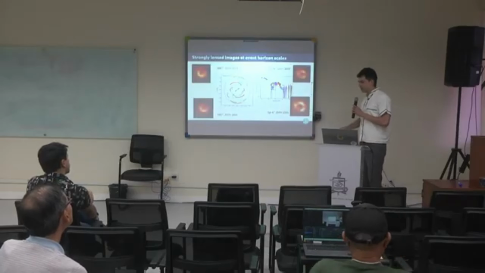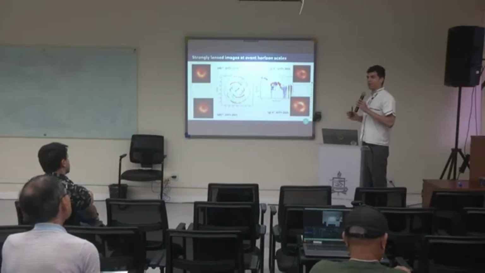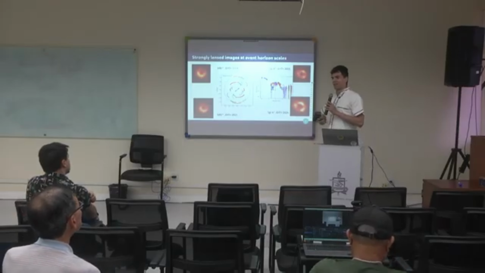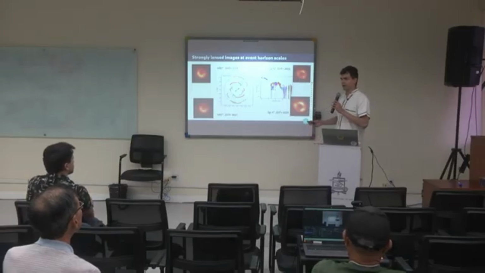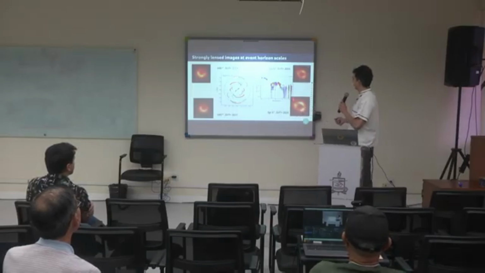We are living in a very nice time for the exploration of strong gravity environments. From one side, we have the detection of gravitational waves that happened during the last decade. But also during the last decade, we had the first images of supermassive black holes at event horizon scales.